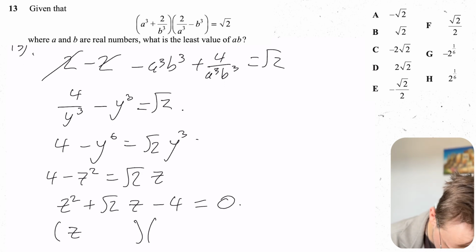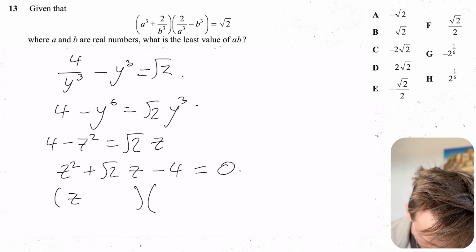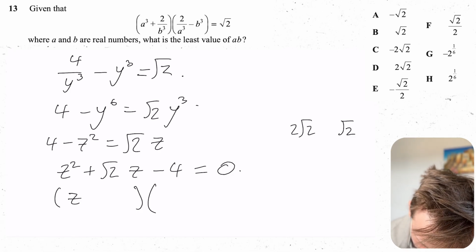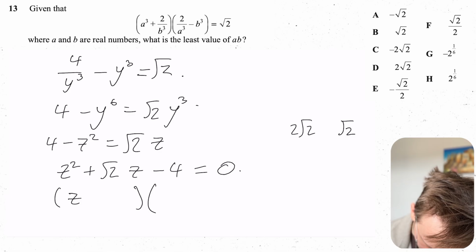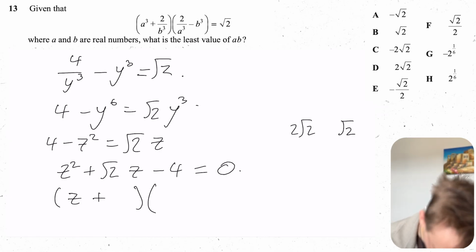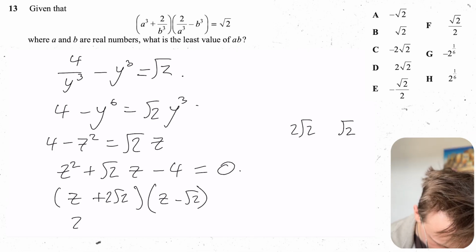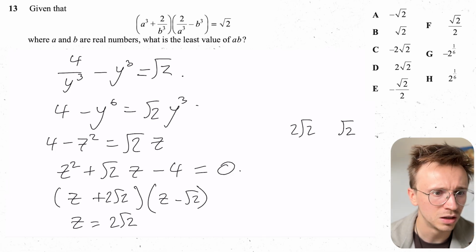I was hoping this would be easy. 2 root 2 and root 2 multiplied to give me 4. So plus 2 root 2 and z minus root 2. So z equals 2 root 2.